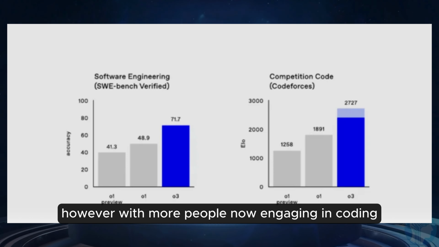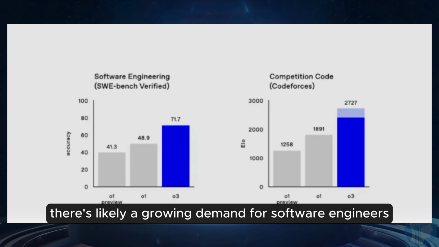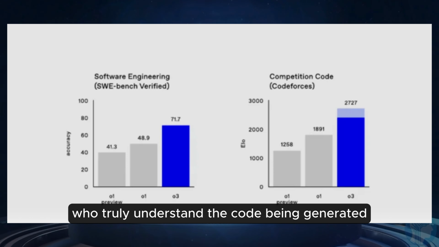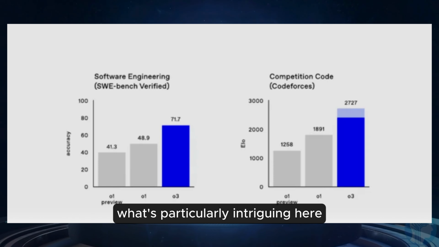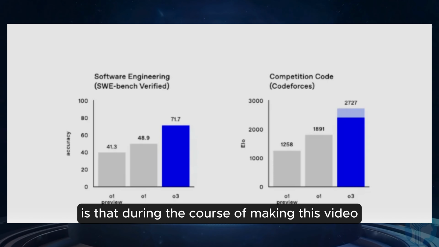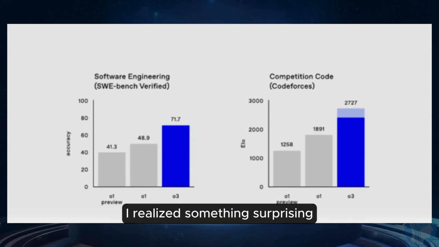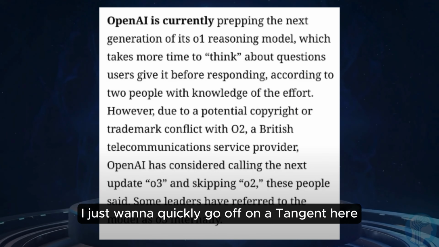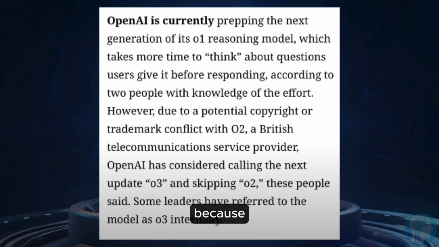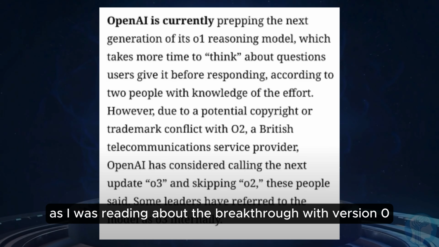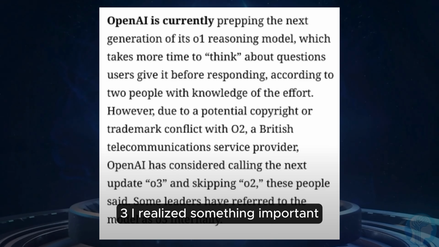However, with more people now engaging in coding, there's likely a growing demand for software engineers who truly understand the code being generated. What's particularly intriguing here is that during the course of making this video, I realized something surprising. This is actually O2, not O3. I just want to quickly go off on a tangent here because, as I was reading about the breakthrough with version O3, I realized something important.